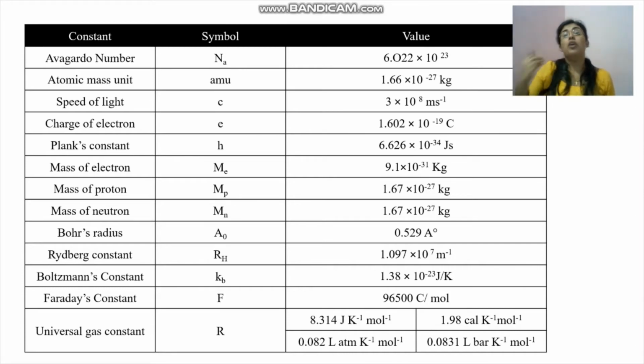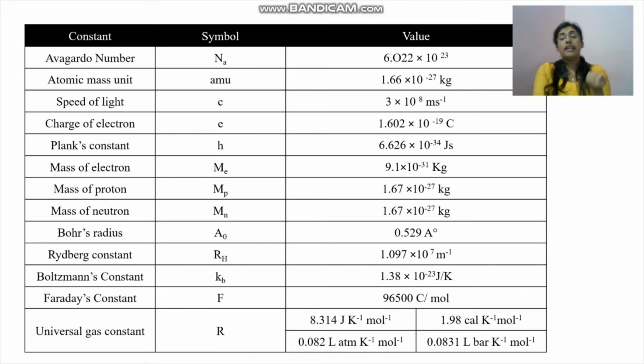Depending upon what my other terms are, whether my pressure is in atmosphere or bar, we can have different values for R. R is generally taken as 8.314 joule per Kelvin per mole. 8.314 joule Kelvin inverse mole inverse is a common value we use for universal gas constant R.